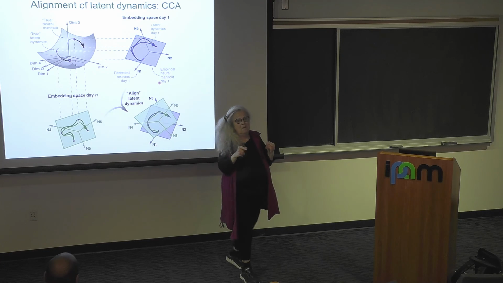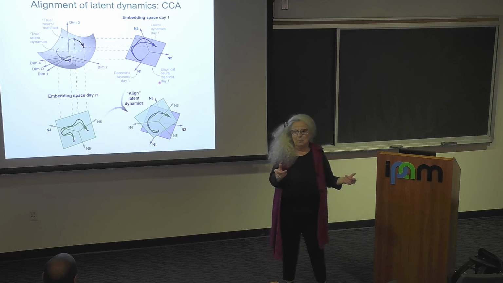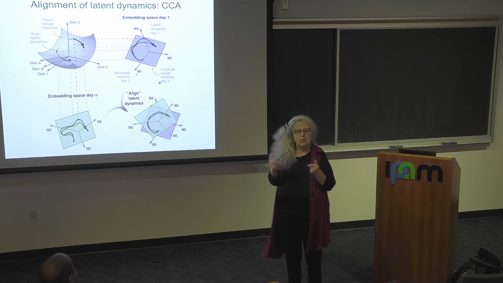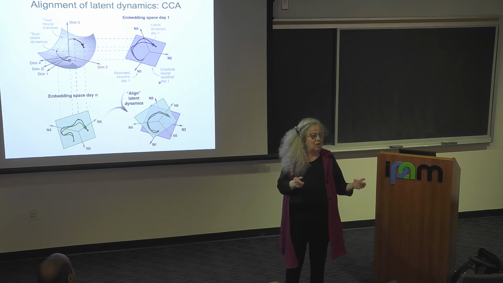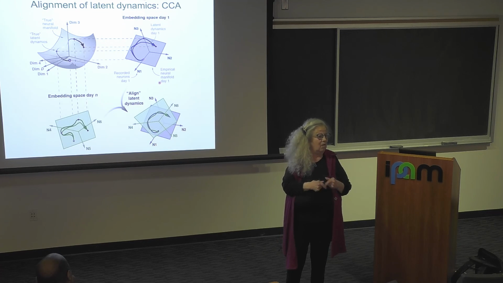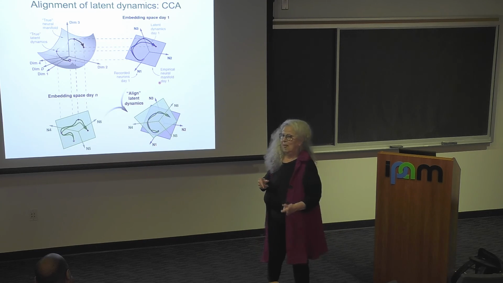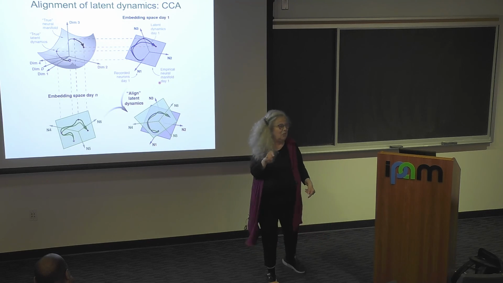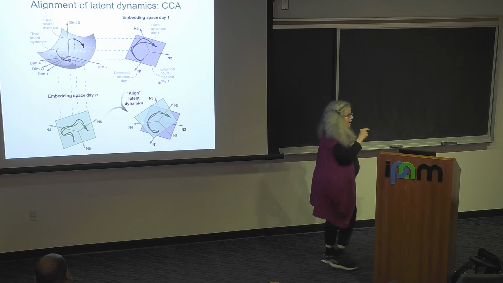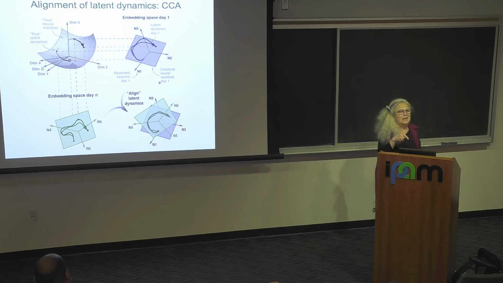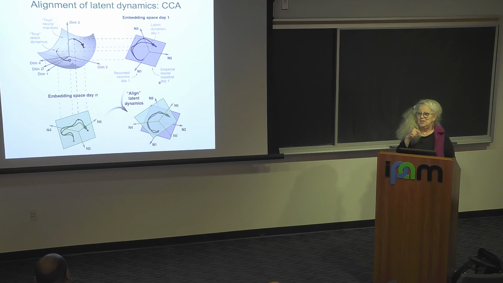But that projection is itself a linear operation. Then in each one of these neural spaces, we do dimensionality reduction using PCA to find a hyperplane that contains most of the trajectories, which is again a linear operation. So we do 2 linear operations to get to our trajectories on day 1, and 2 linear operations to get to the trajectories that we see on day n.